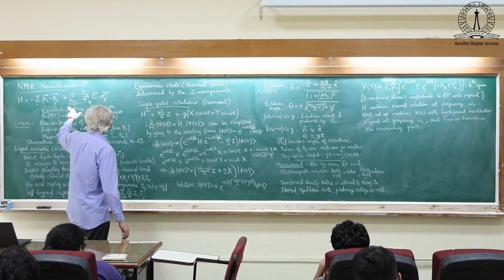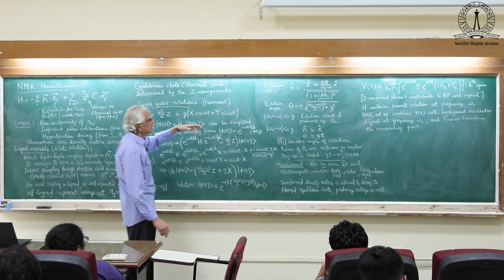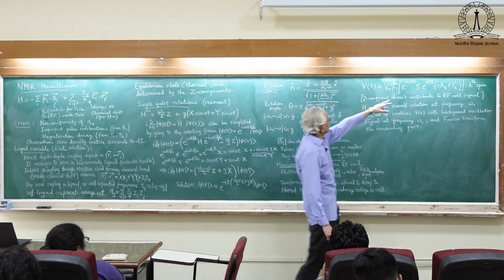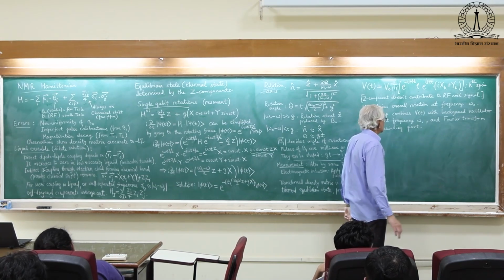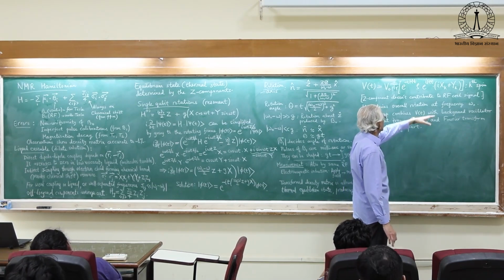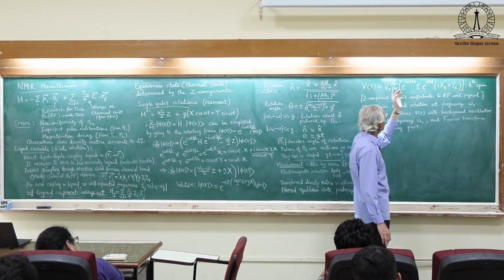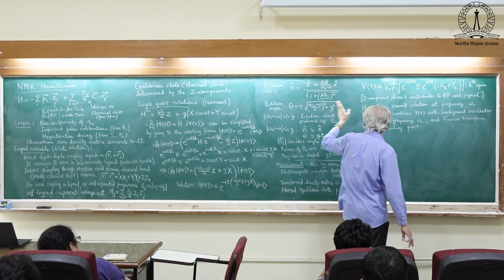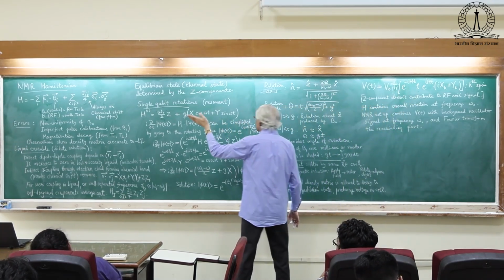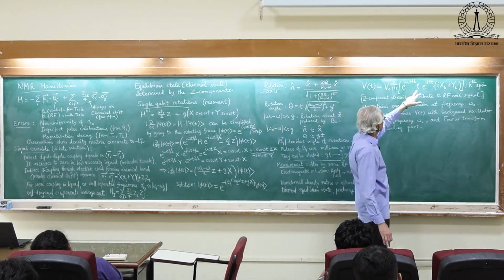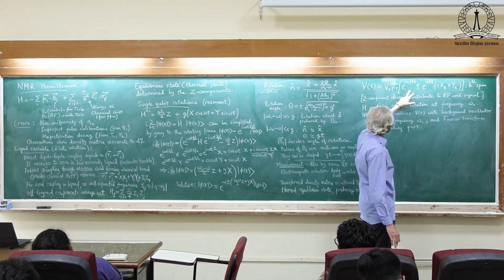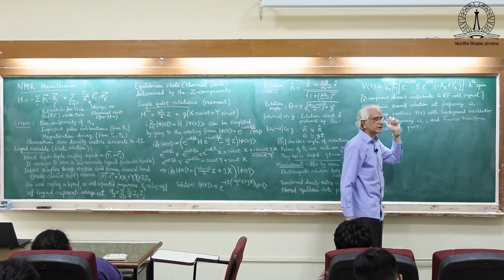And what will this transformation produce? It produces all kinds of terms which are generally written in the frequency language. Something which oscillates with the frequency of omega 0, we subtract it out, and something which oscillates with the frequencies corresponding to the chemical shifts.